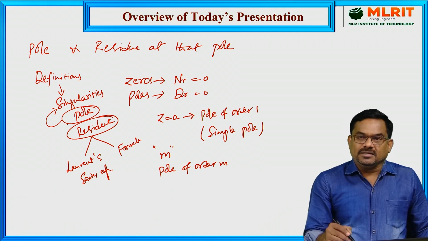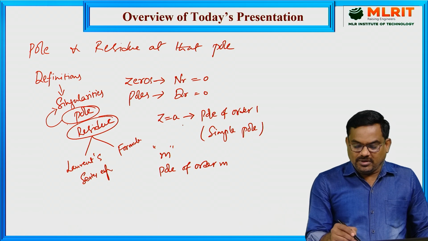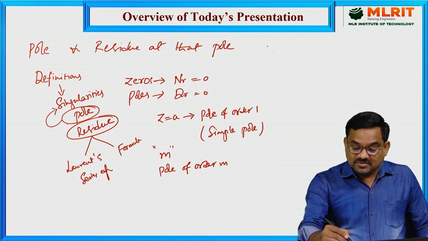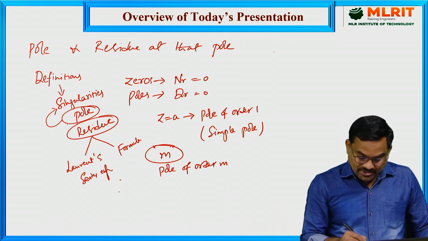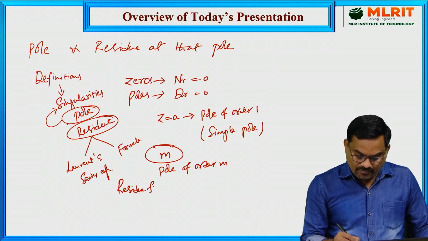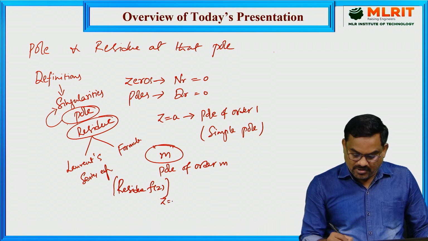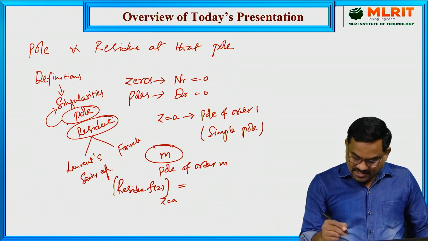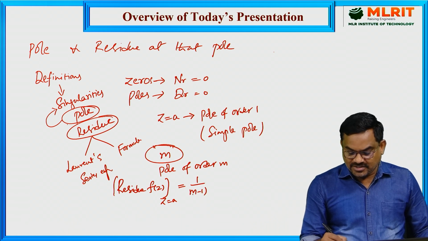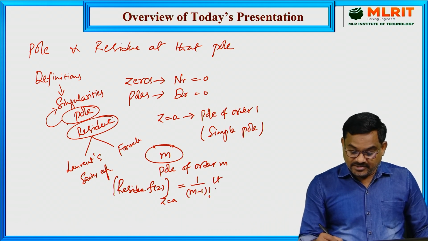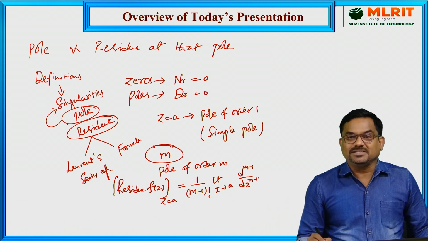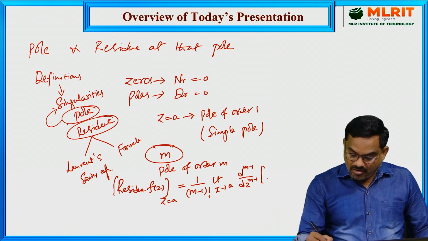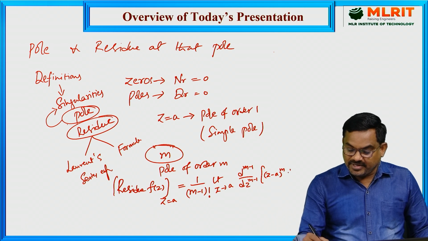To find the residue at a pole of any order, for example, z equal to a is a pole of order m, then the residue of f at the pole of order m is calculated using the formula 1 by (m minus 1) factorial, limit z tends to a, d power m minus 1 by dz power m minus 1, that means the (m minus 1)th order derivative of (z minus a) power m into f of z.